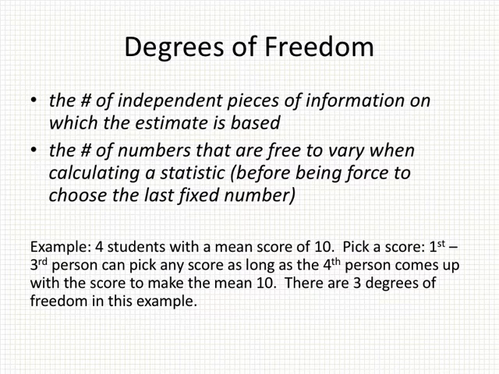Okay, so let's use an example. If we had a test that was scored between 5 to 15, and we said that we had 5 students and they had a mean score of 10, we're going to try to figure out what their scores are.